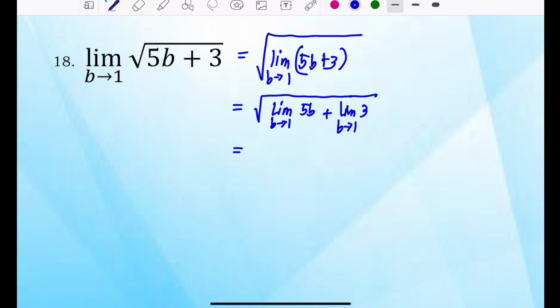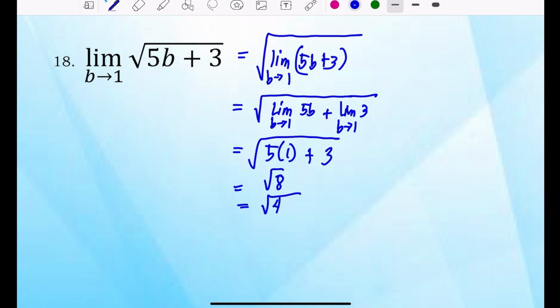So the limit of 5b where b approaches 1 will become 5 times 1, plus the limit of 3, which is a constant. The limit of a constant is equivalent now to 3. 5 times 1 is 5 plus 3, that is 8. So the square root of 8.